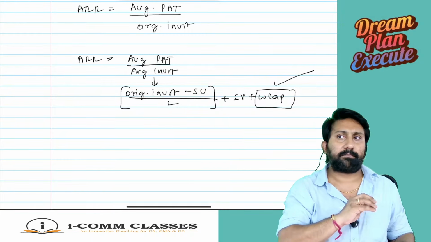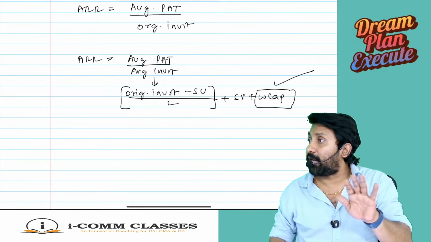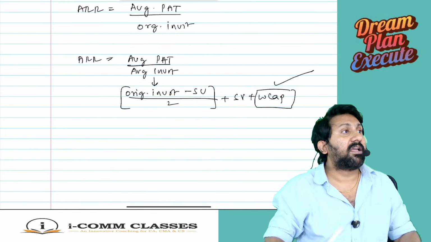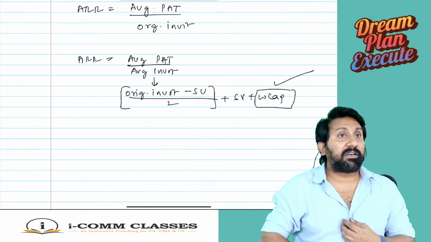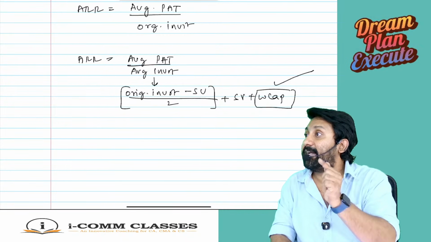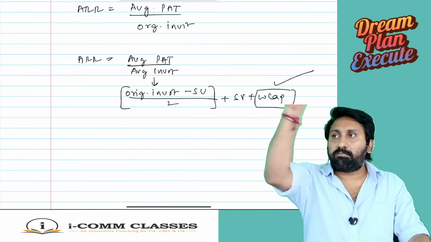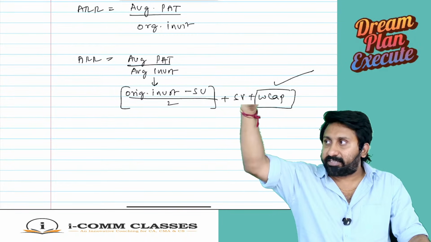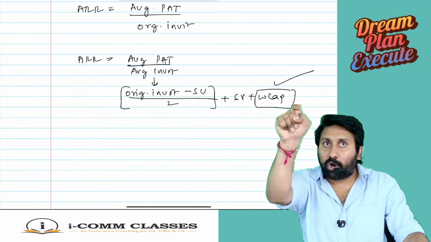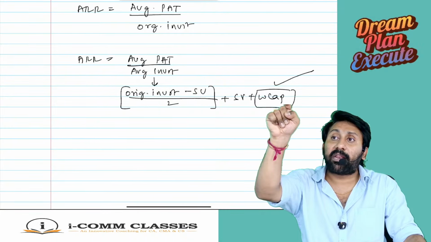Clear everyone? The difference between working capital and the main original investment is that working capital will be spent not once, but every single day, or at least in a cycle. Look at me please: cash will be converted into raw material.